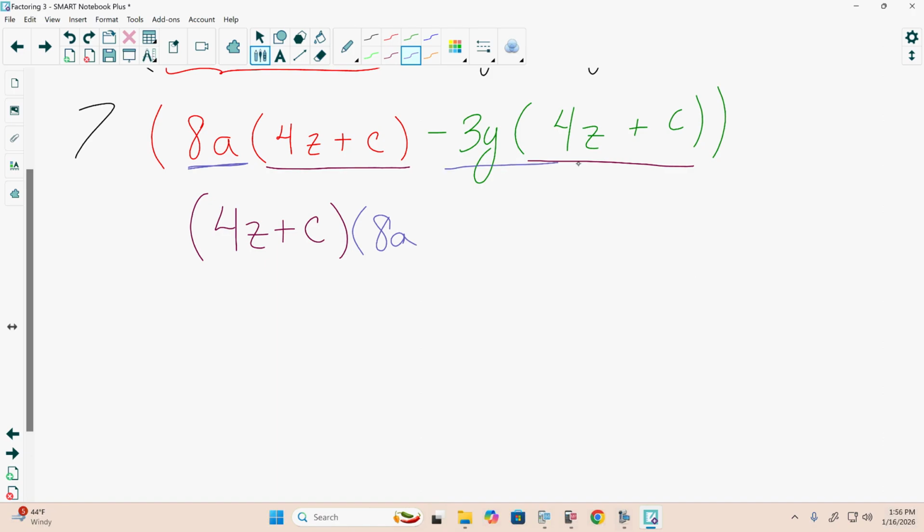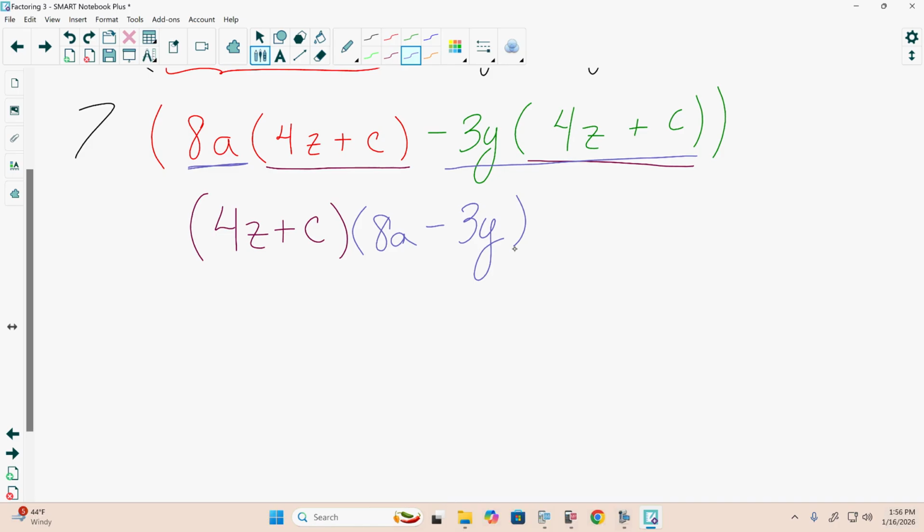If I factor it out of the second, I'm going to be left with negative 3y. So it becomes 8a minus 3y. And it's been plus up to this point because the second term has been positive all the way up to this point. Since here it's negative, it's going to be minus.